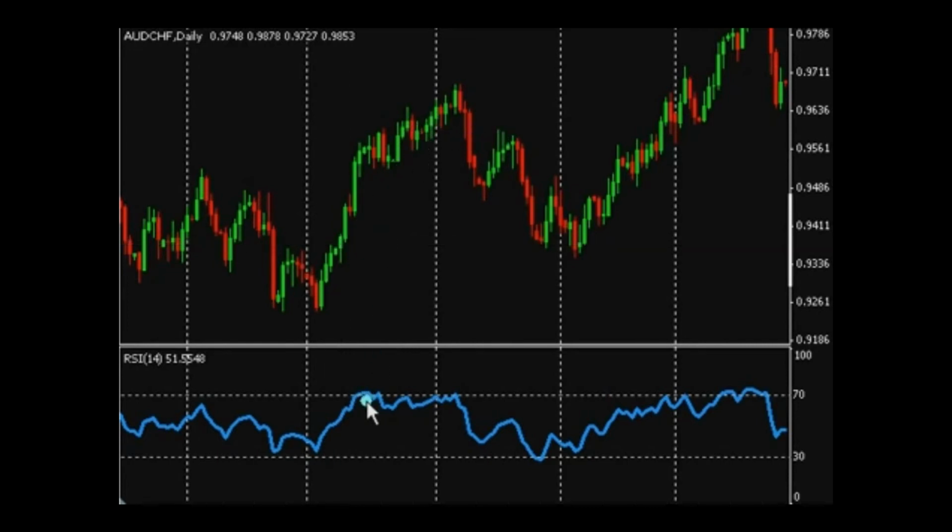You can see that price tends to be overbought when we get up to this range, and at that moment you can see that the momentum has decreased. But currency pairs can be overbought for an extended period of time, just like in this case right here.